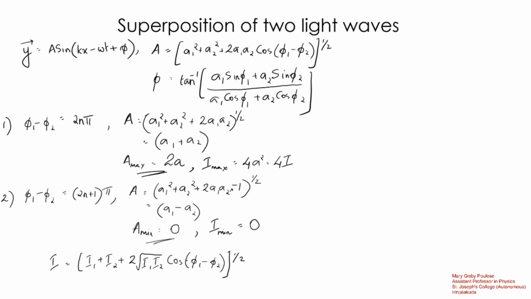So for constructive interference, I will have the expression I is equal to I1 plus I2 plus 2 root of I1 I2. And for destructive interference, I will have the expression of intensity as I1 plus I2 minus 2 root of I1 I2.